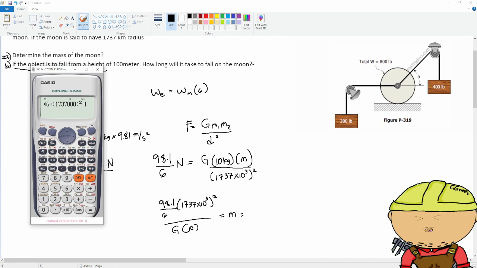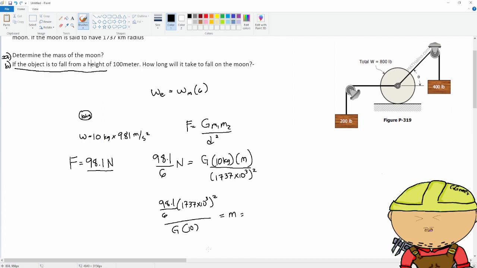I don't remember exactly, but we can use 39, divided by 10. That gives 7.39, 17 times 10 to the 22.